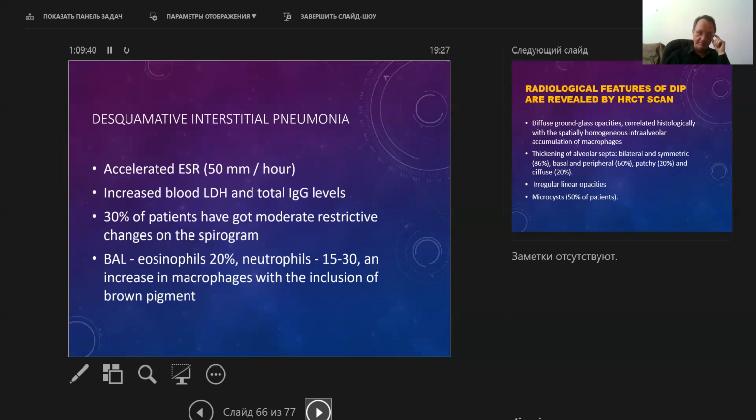Bronchoalveolar lavage detects 20% eosinophils, 30% neutrophils, and an increase in macrophages with inclusion of brown pigment.